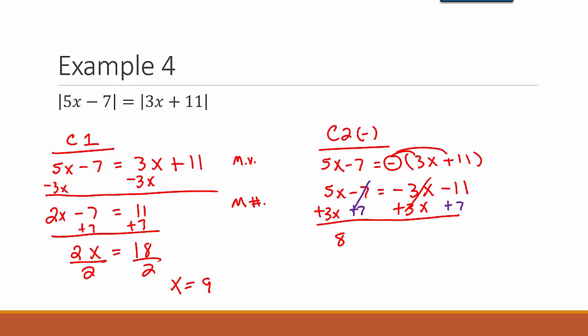So now I have 8x equals negative 4. Last step, divide both sides by 8 and simplify the smaller numbers on top, so that gives me negative 1/2.